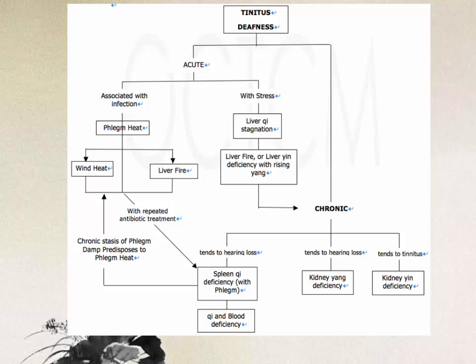What did I say? Spleen 6, back shu points, right? So the 2 back shu points are spleen shu, UB 20, and Geshu, UB 17. This is the influential point for blood.